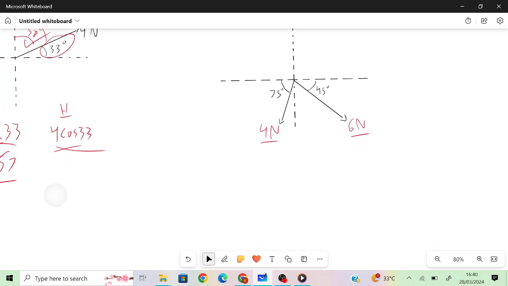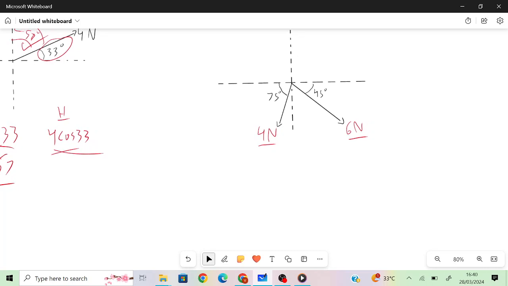Now, the way you solve this is, first of all, you decide on a direction. Because direction is involved, I usually say that my right side is positive and my left side, going left, is negative. Likewise, going up is positive and going down is negative. After this, you now start the resolution of forces.